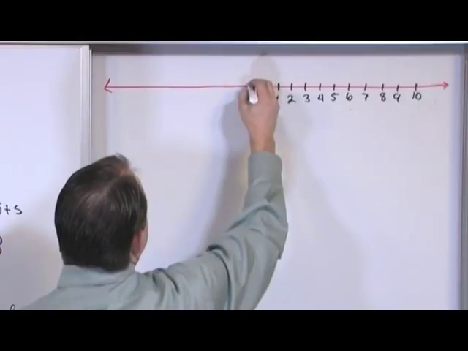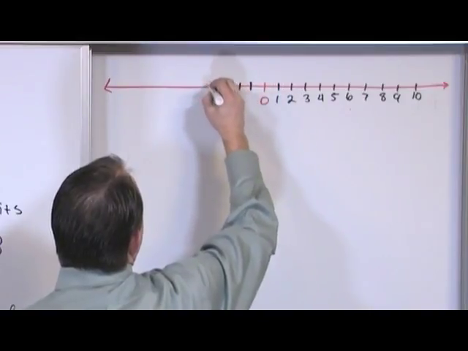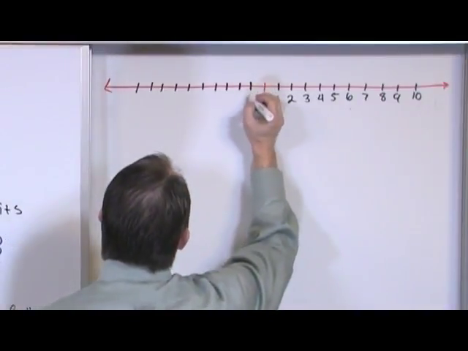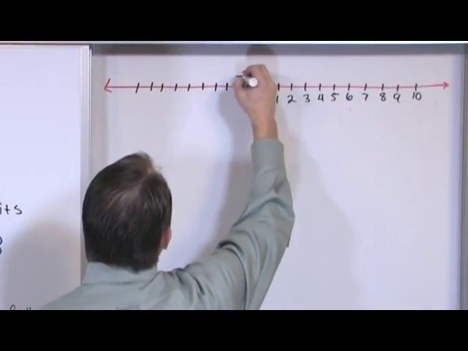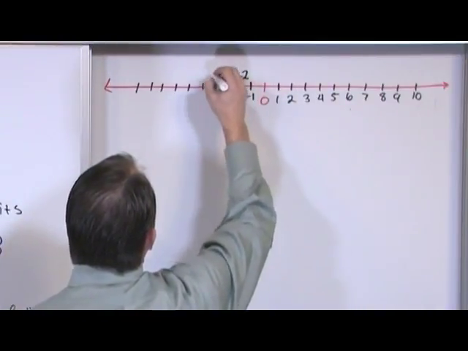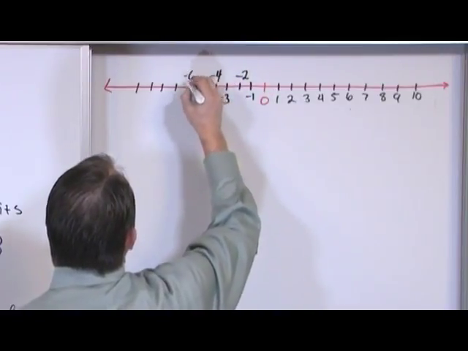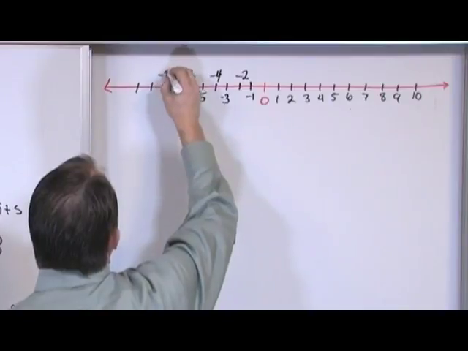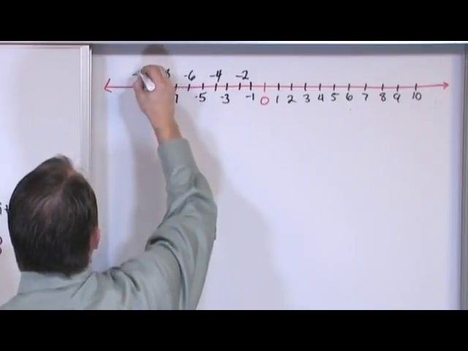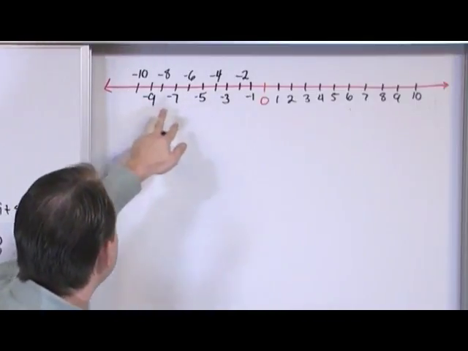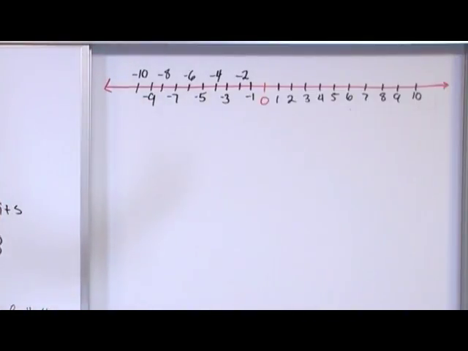And over here I'm going to have -1, -2, -3, -4, -5, -6, -7, -8, -9, -10. The only reason I wrote it like that is because if you write them all together, it gets cluttered. But it's the same thing that we've done before.